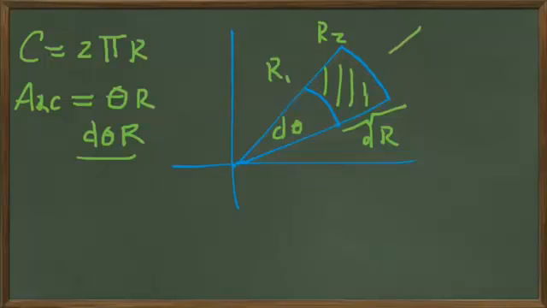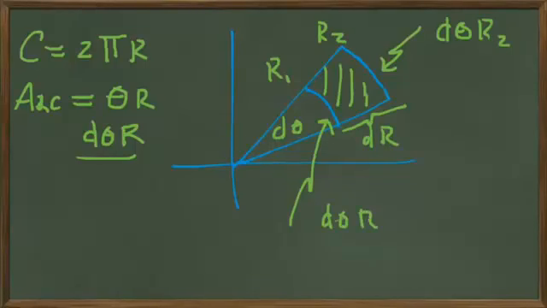So this arc length right here is going to be d theta times r2, and the interior arc length is d theta times r1.